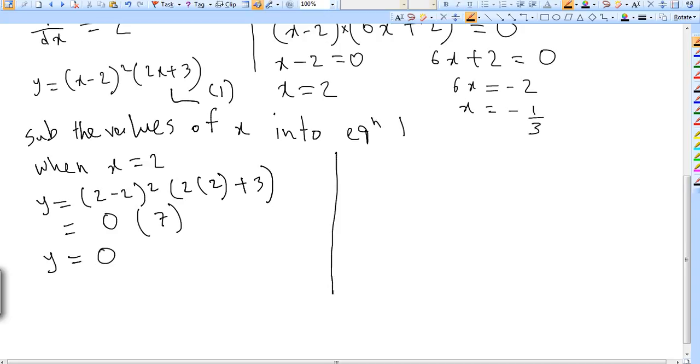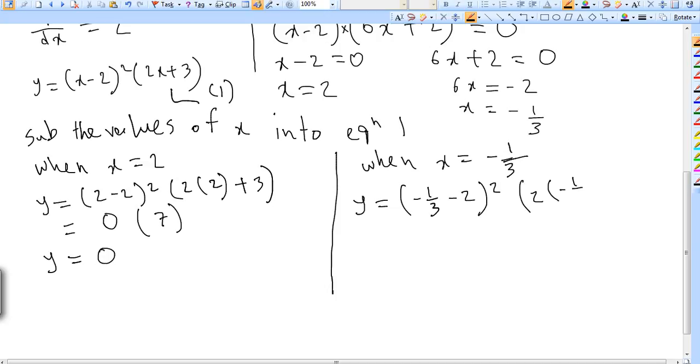So now let us take the value x equals minus 1 by 3. Okay, minus 1 by 3. When x equals minus 1 by 3, let's see. So y equals minus 1 by 3 minus 2 whole square, then 2 times minus 1 by 3 plus 3.